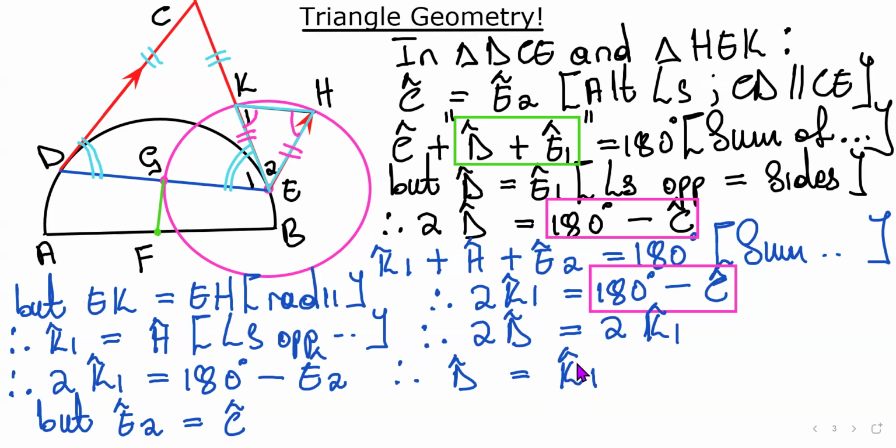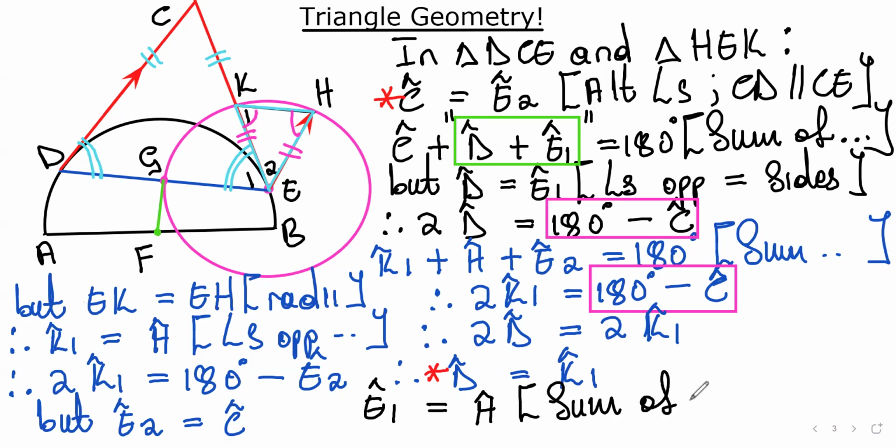Okay, now I have made two connections. This is the first connection, and this is the second connection. Then what's the third connection? Well, it now stands to reason that E1 is equal to angle H due to the sum of interior angles of a triangle.